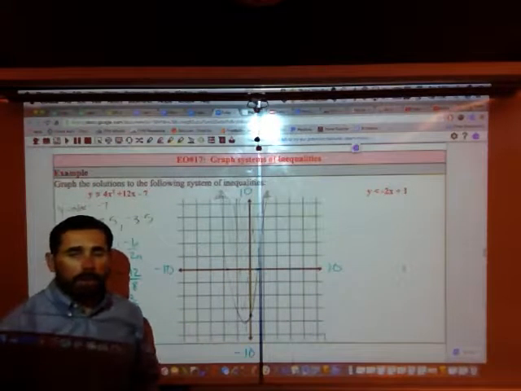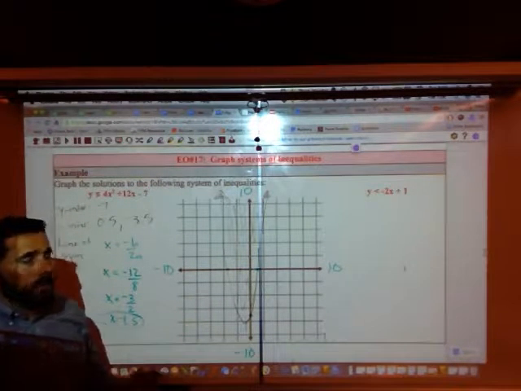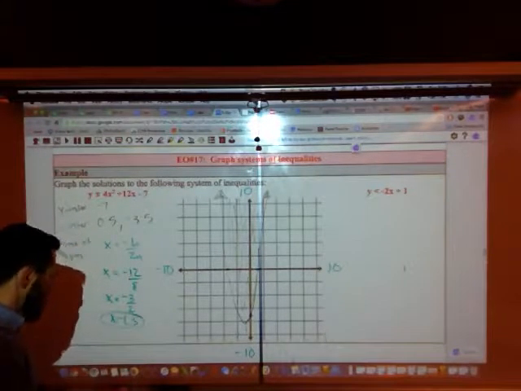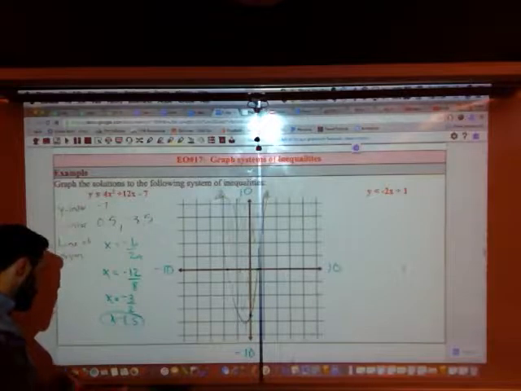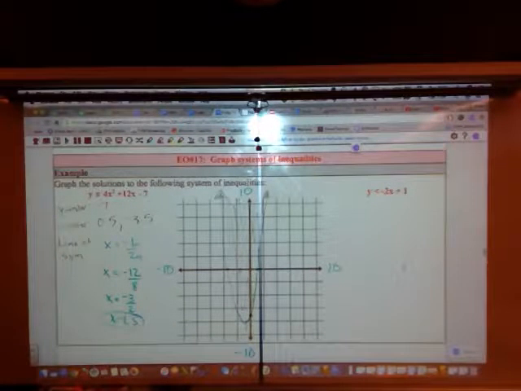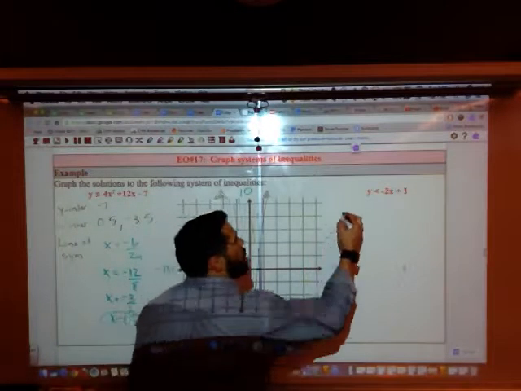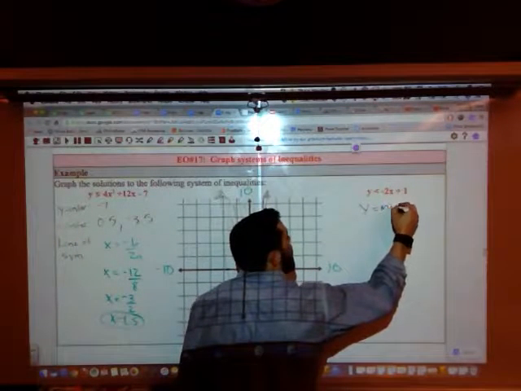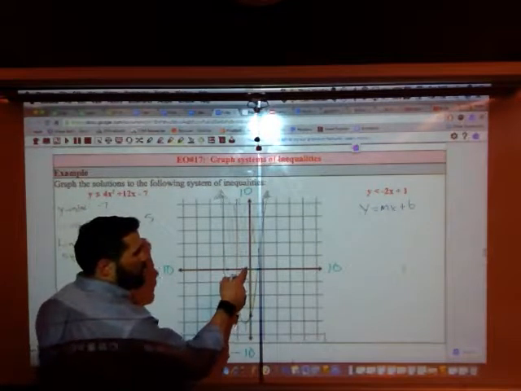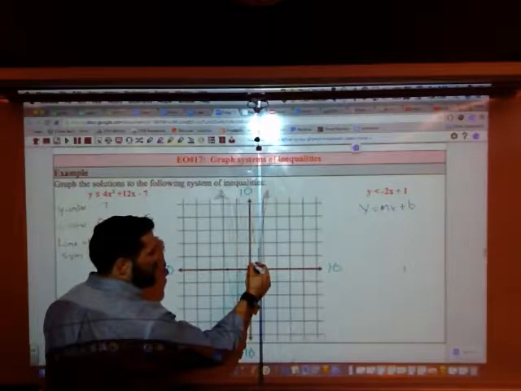Now I need to solve the solutions for that linear inequality, and then I'm going to do their overlap. The overlap is the solution to this system. I'm going to grab a blue marker. y equals mx plus b for my boundary. I am going to start at a y-intercept of 1, counting my 2's here, so that would be right there.